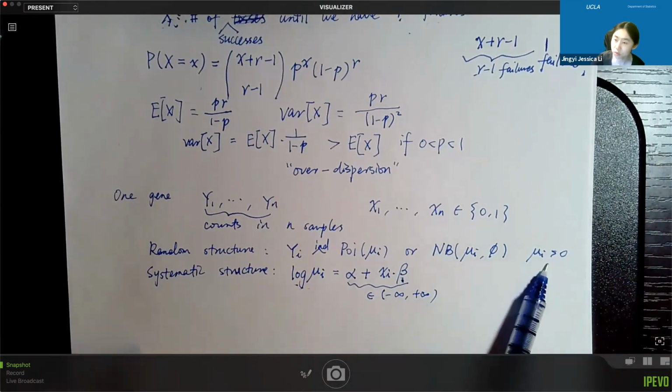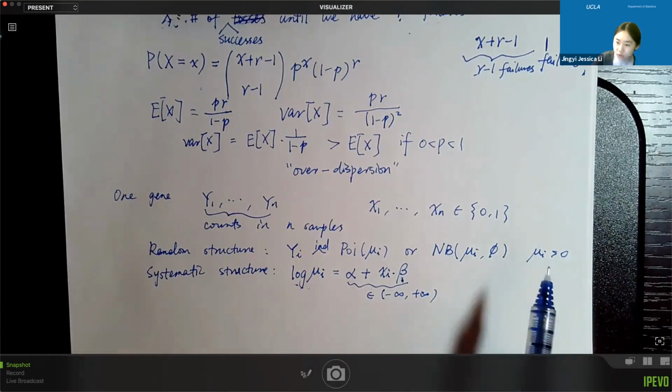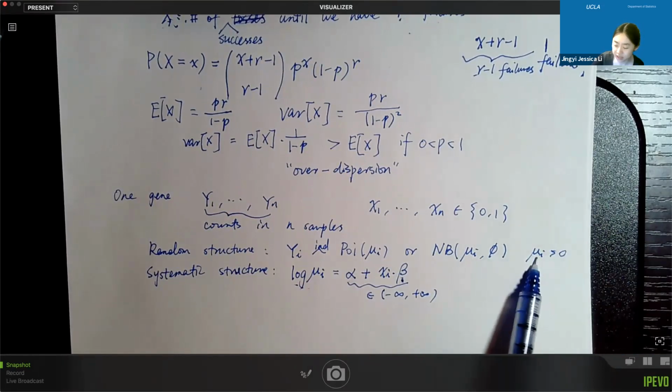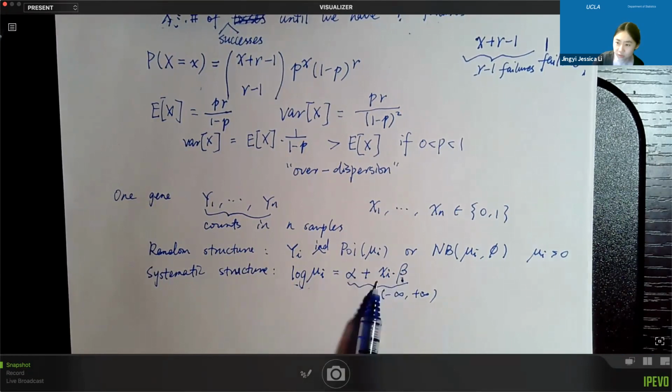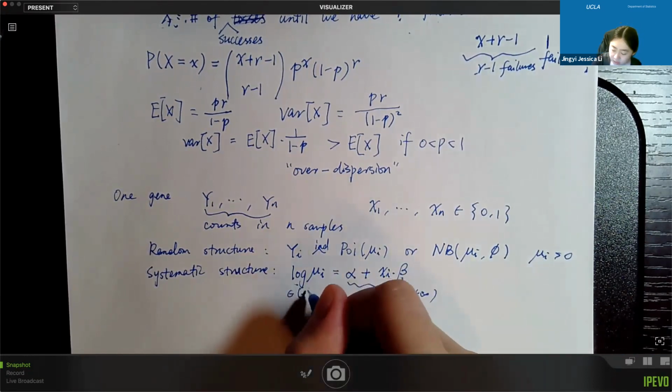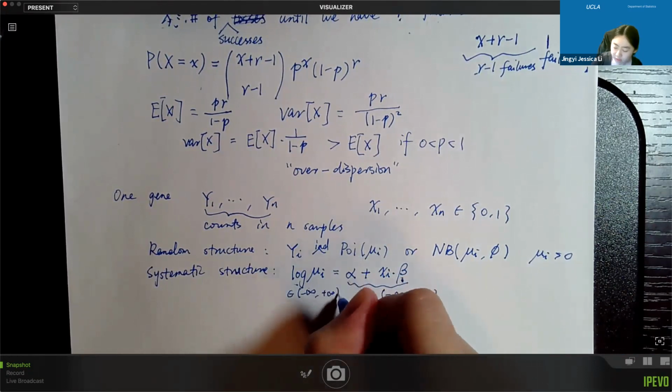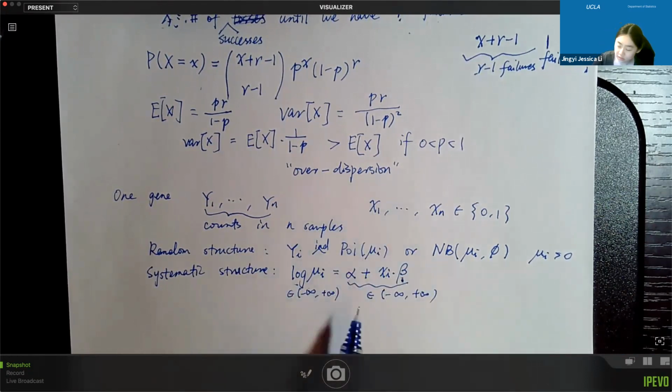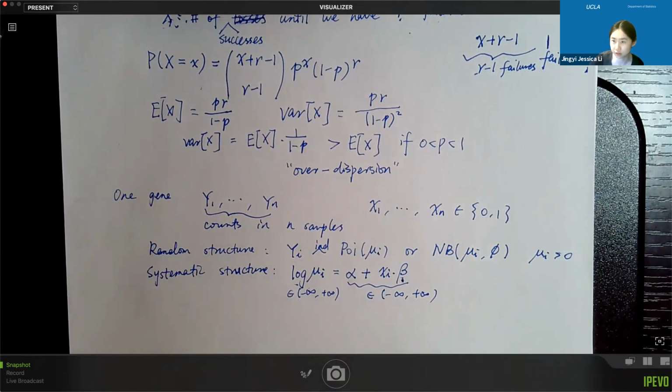So if I don't do any transformation, it's unreasonable to say mu i equals the right-hand side, which can be negative. But if we take the log transformation on mu i, then log mu i can take values from negative infinity to positive infinity, so the domains of the two sides are matched. This is a very intuitive way of thinking about why we need this link function.